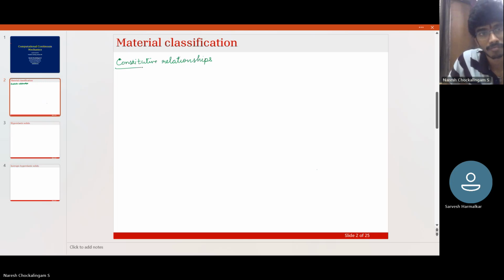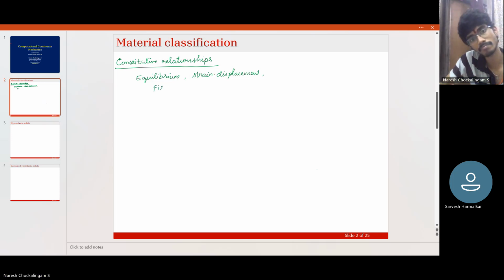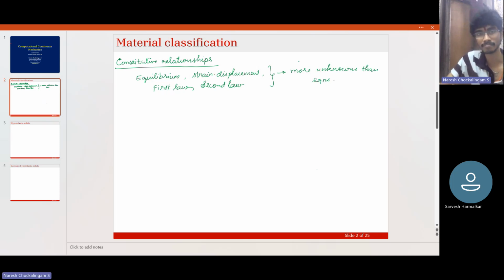Last time we saw that with only equilibrium, stress, strain displacements, and the first law and the second law of thermodynamics, we have more unknowns than equations.